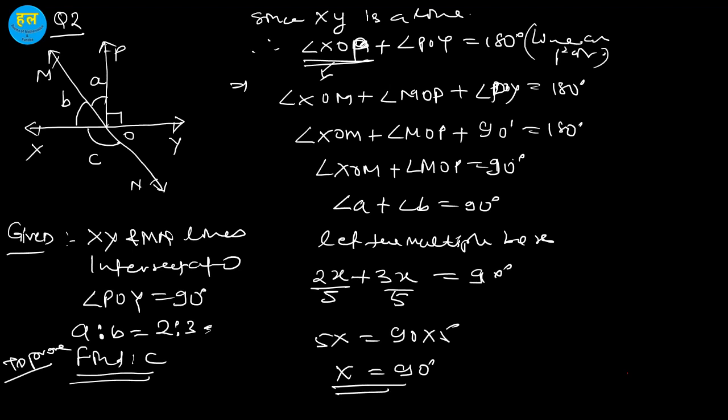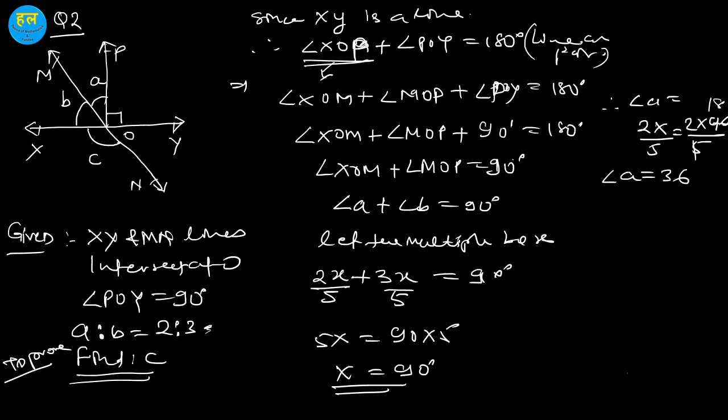Therefore angle A is equal to 2x upon 5 is equal to 2 into 90 upon 5, that means 36.